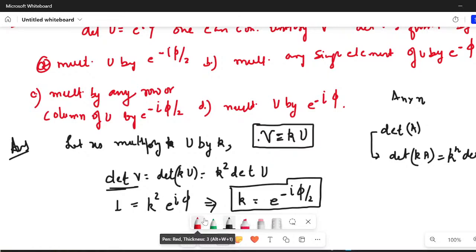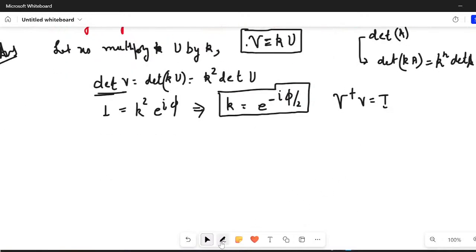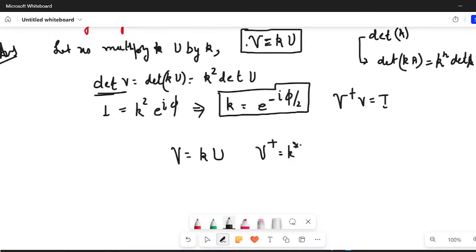If you want to check, it is quite easy to see that V dagger V would be equal to identity. V is equal to k times U, and V dagger is equal to k conjugate, not k, and here it will be U dagger.